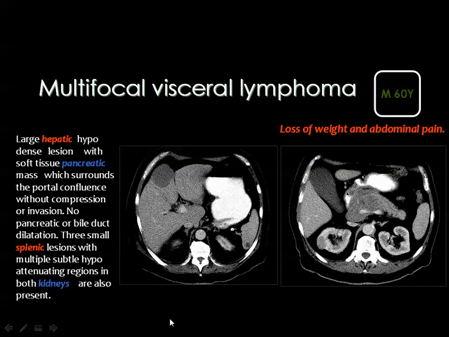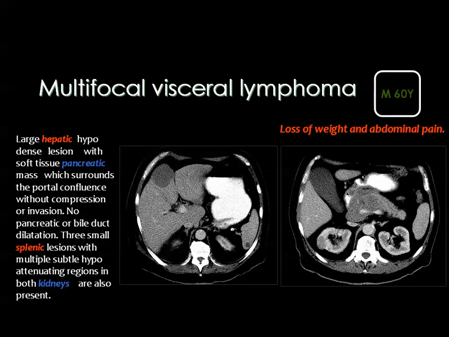Also here you see a mass in the region of the pancreatic head and body. The mass showed a relative less enhancement compared to the enhancement of the pancreatic tail.